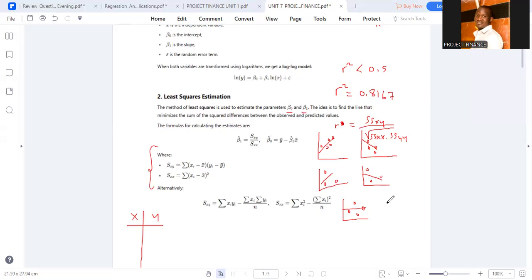So what have I said? R is for the direction. R squared is for the strength. All right, how much X affects Y. So now, that being said, we need to calculate our values.